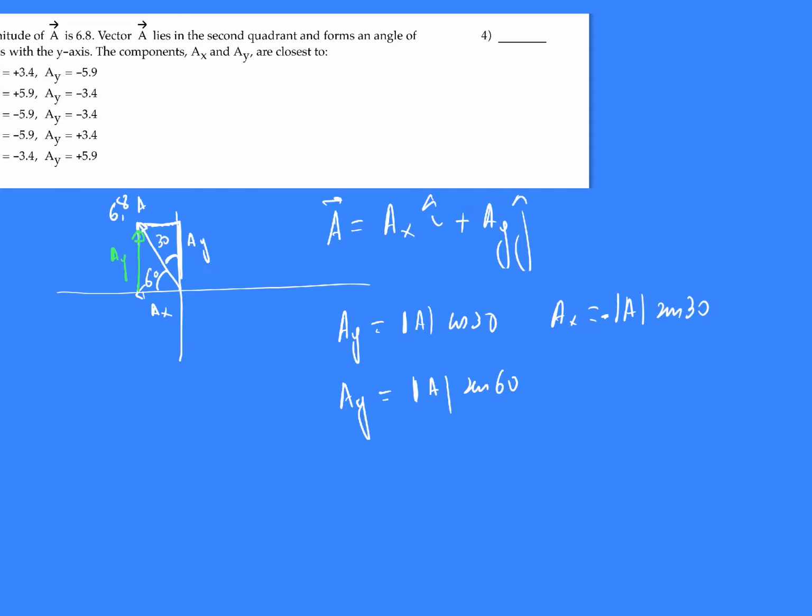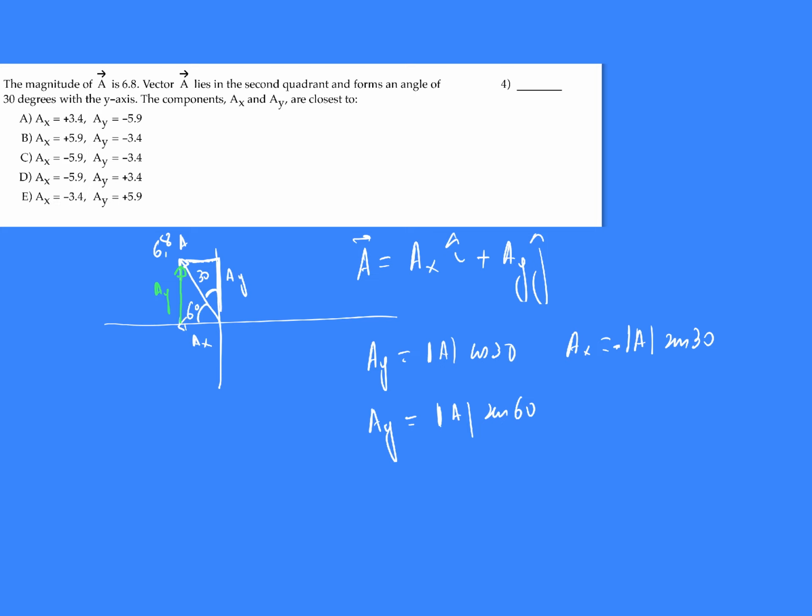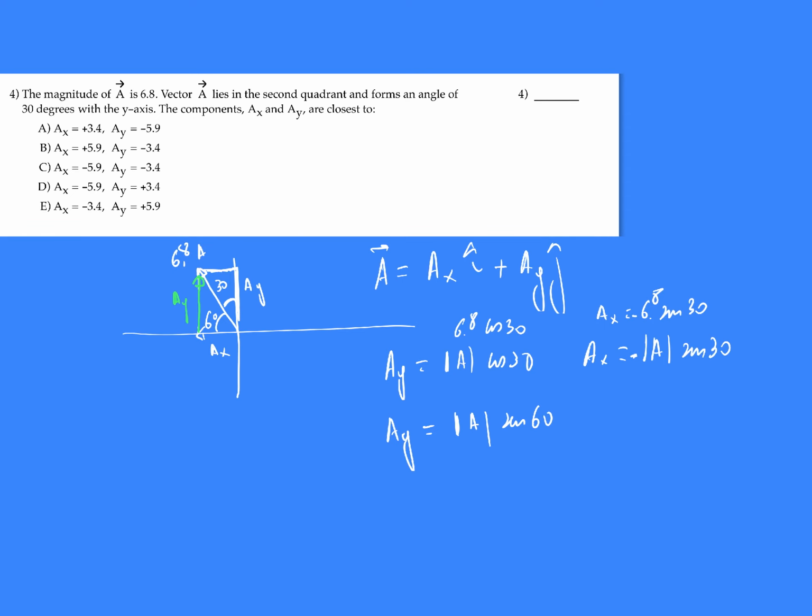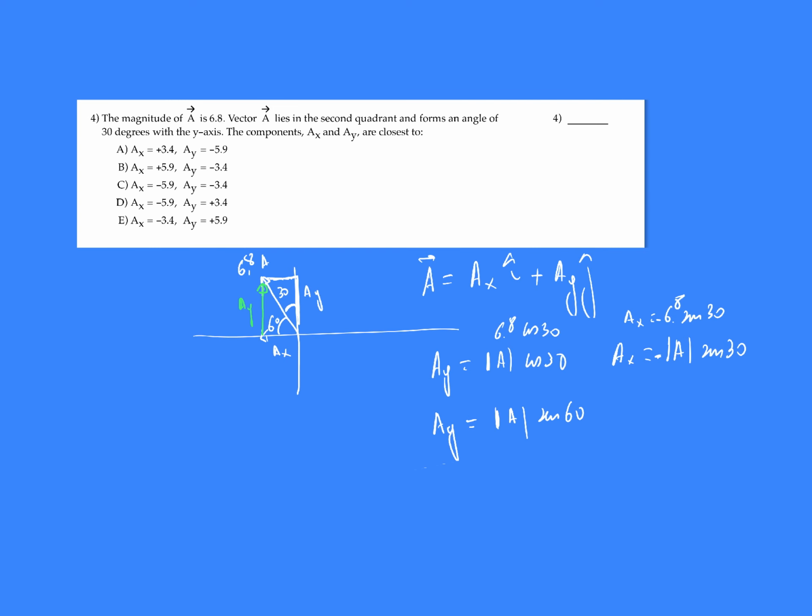In this case, because the magnitude is 6.8, ay will be 6.8 cosine of 30, and ax will be minus 6.8 sine of 30. Perfect. Now, what is this amount?